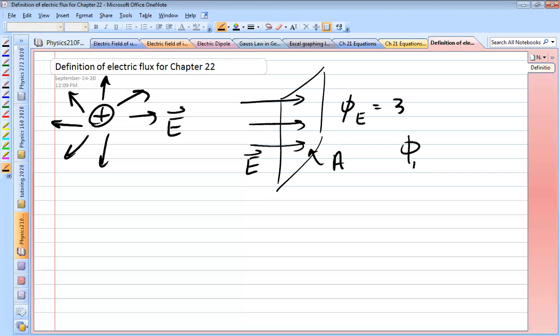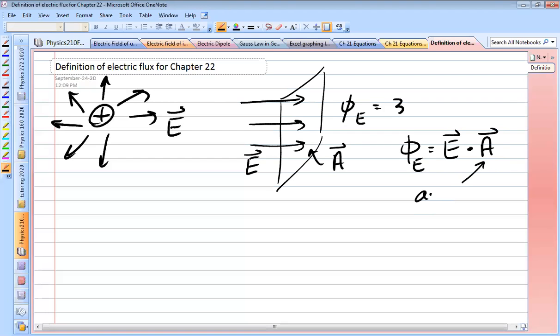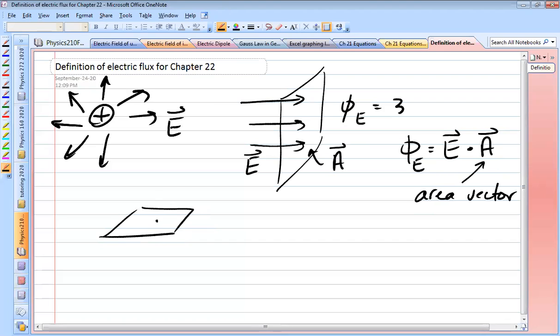The definition of the electric flux is you take the strength of the field, which is the density of lines, the lines per area, and you dot it with the area vector. Now it's really important that you understand area vectors. The way you represent an area with a vector is a normal vector. The area vector is always perpendicular to the surface, and its magnitude equals the area of the surface.